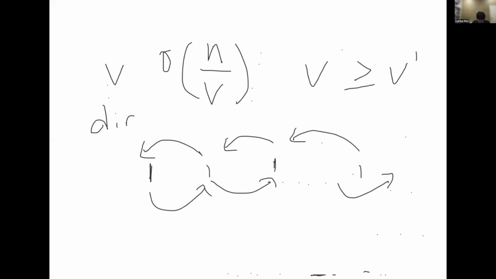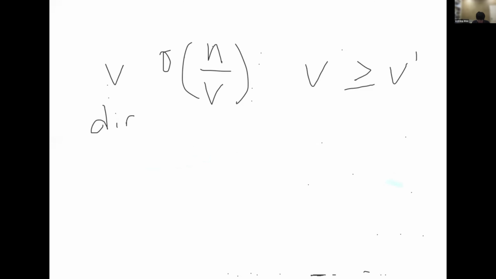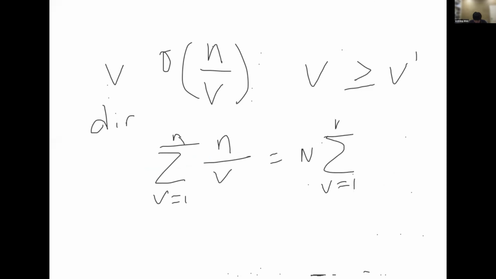And when you sum this up over all the v, you end up with a sum of n over v, where v goes from 1 to n. This sum is called the harmonic series.